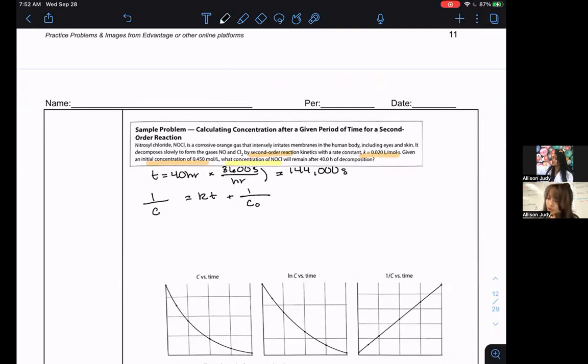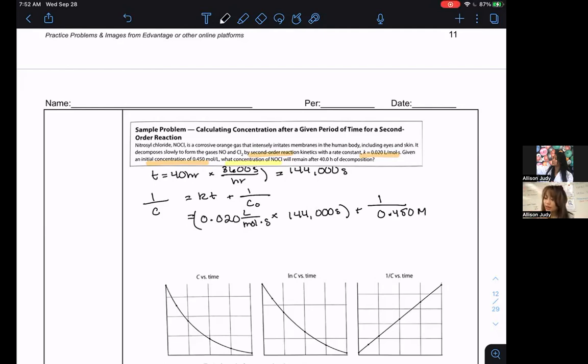So I'm given the rate constant 0.020 liters per mole second, multiplied times 144,000 seconds, plus 1 over my initial concentration, which I'm given is 0.450 molarity.